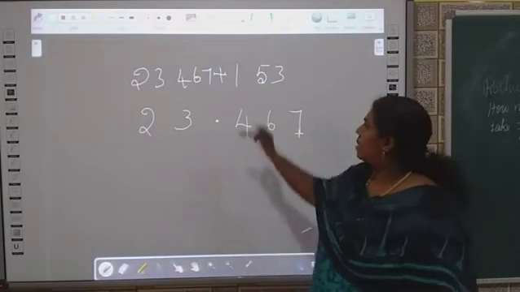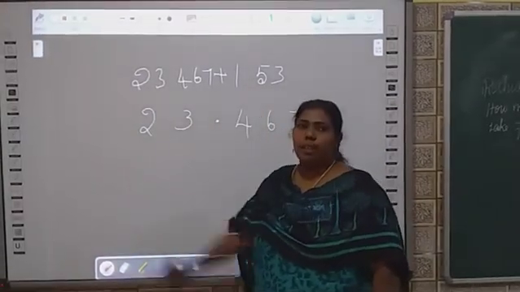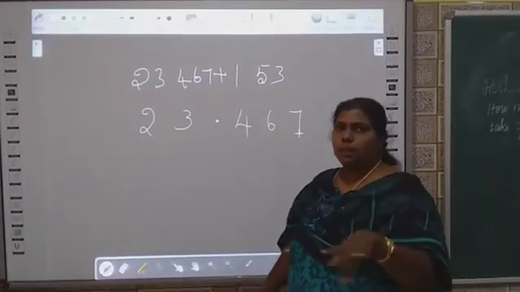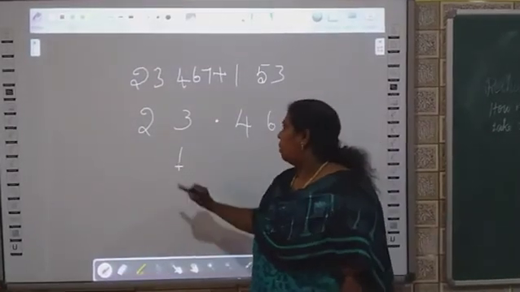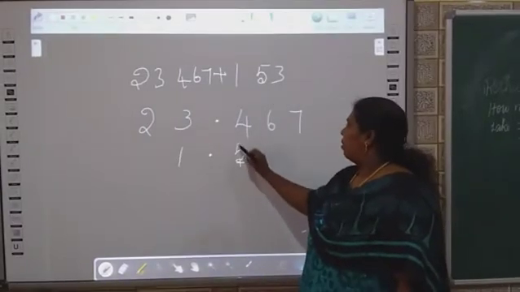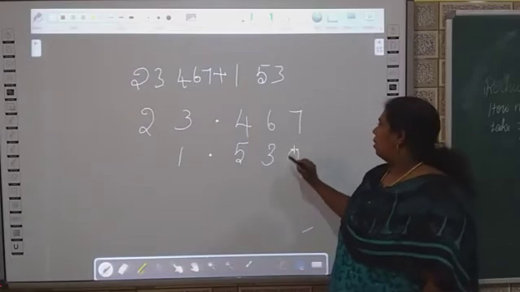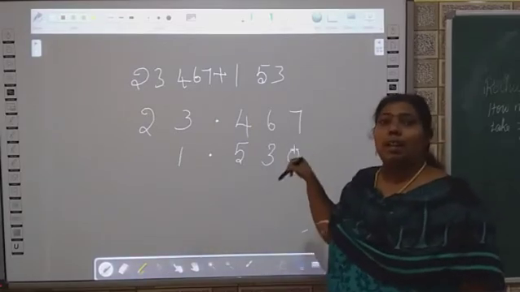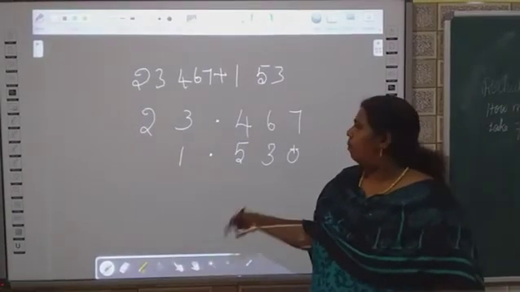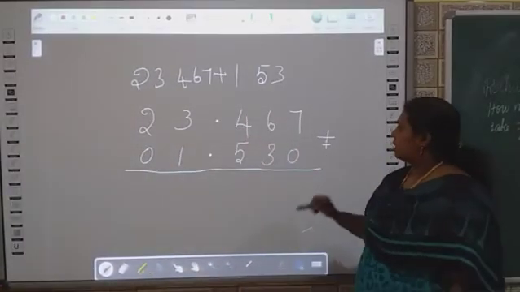Then the next is 1.53. Where do we want to write the 1, here or here? Ones place or tens place? Yes, you want to write it in the ones place. Then here 0.53. Then you have to add 0, making it 1.530. Now these two decimals are like decimals.